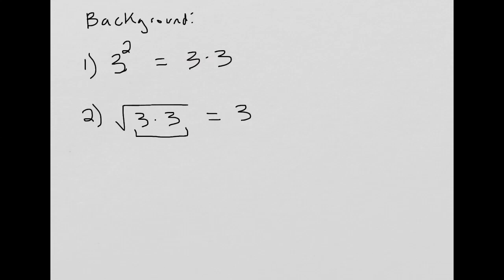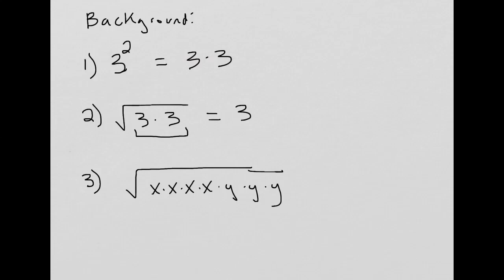So let's look at another example of just simplifying a square root. So imagine I have something like x times x times x times x times y times y times y. So what I'm looking for is basically 2 factors of each type, because what I know is that for every 2 factors, I can pull 1 factor out.